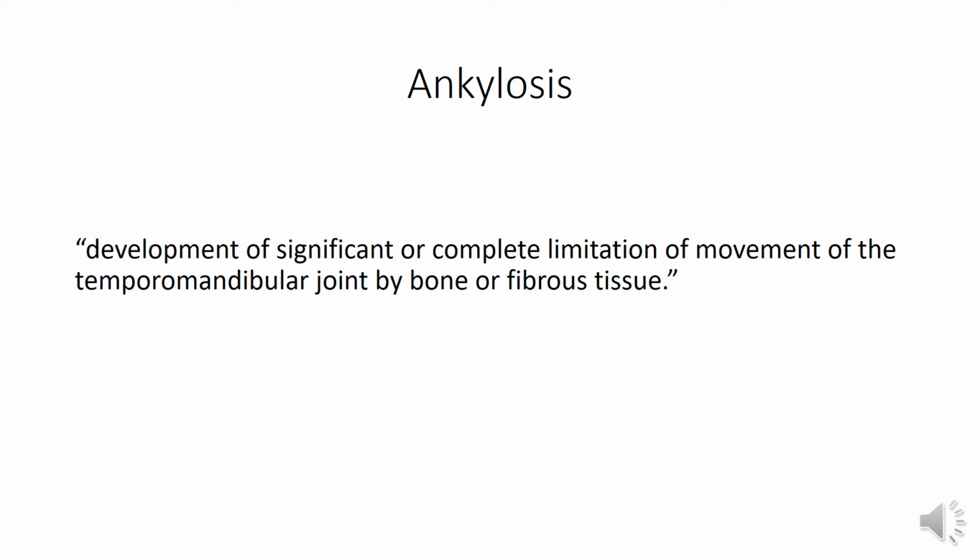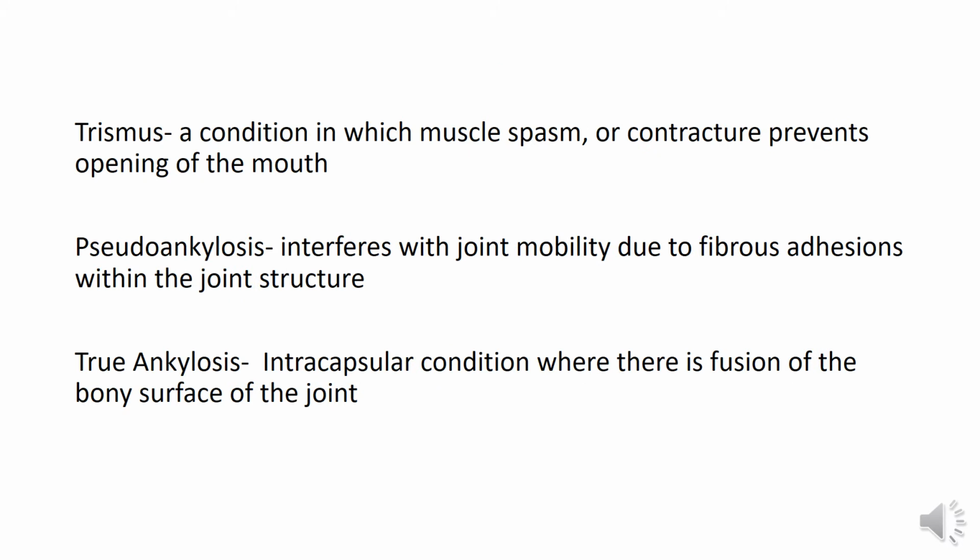So as you saw about temporomandibular ankylosis, it's the development of a significant or complete limitation of movement of the temporomandibular joint by bone or fibrous tissue. You need to know what is trismus, what is pseudoankylosis, and what is true ankylosis. Trismus, you would all have read already, is the condition in which muscle spasm or contracture prevents opening of the mouth.